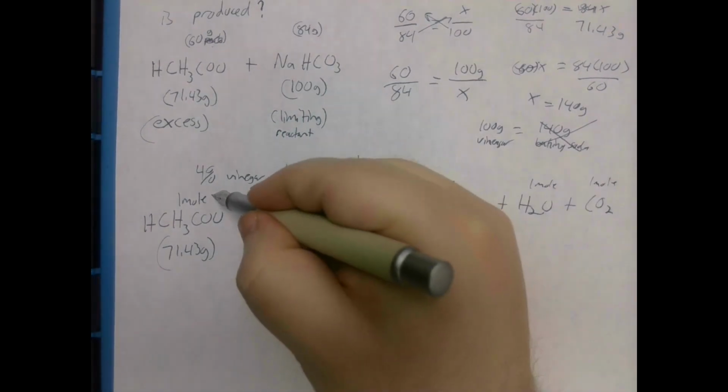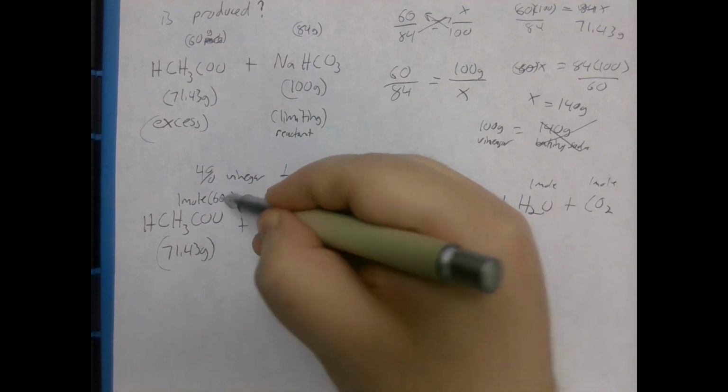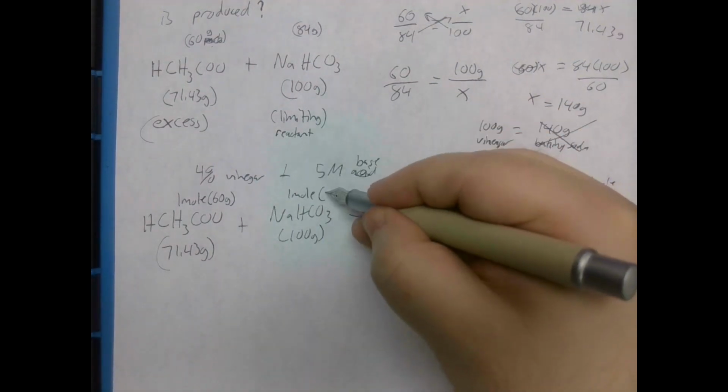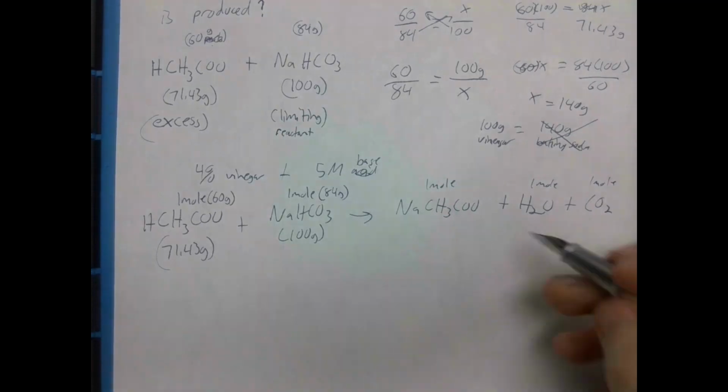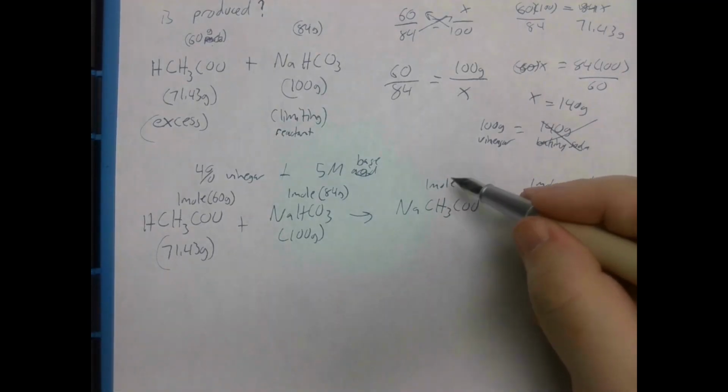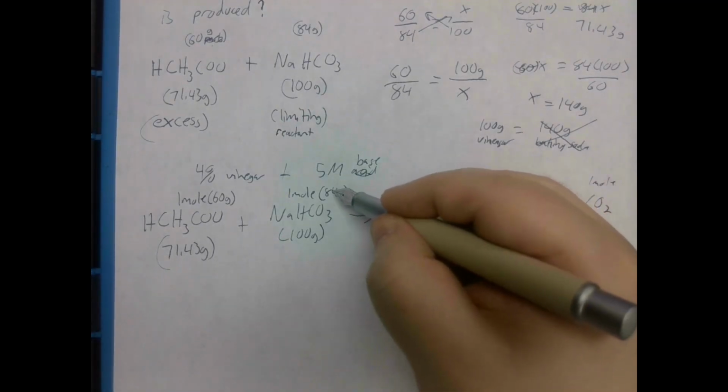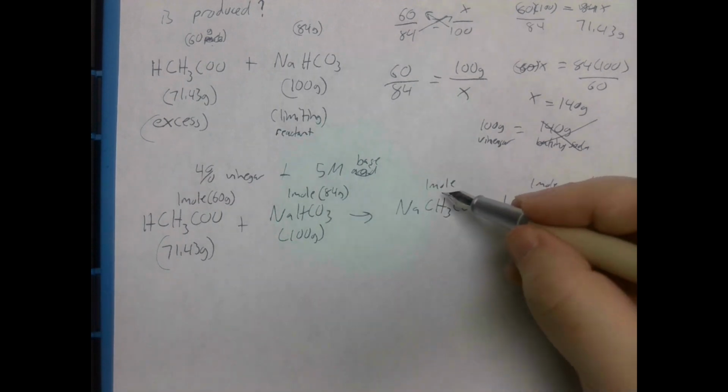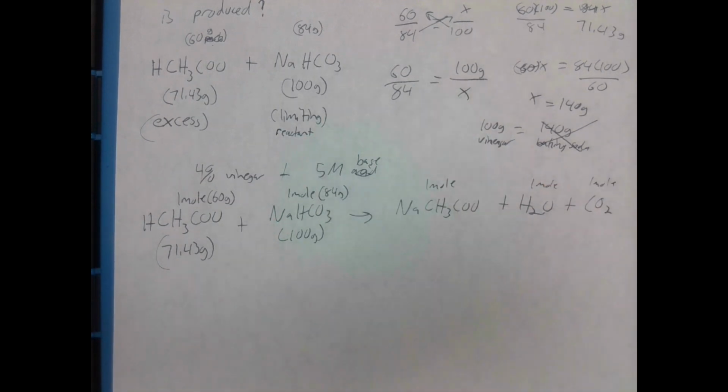We also know the ratio is about 60 grams of this to 84 grams of this. And to find out what this is, again, this is the molar mass. It's 84 grams per mole. So we need to figure out the molar mass of this.